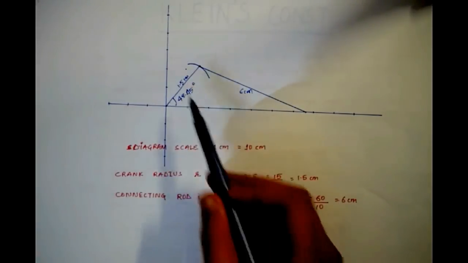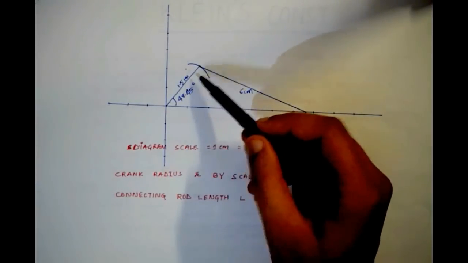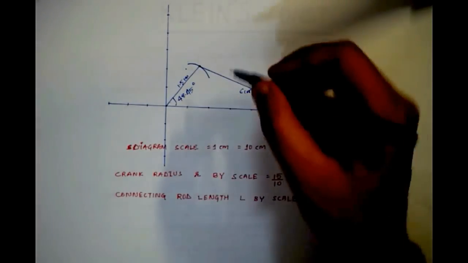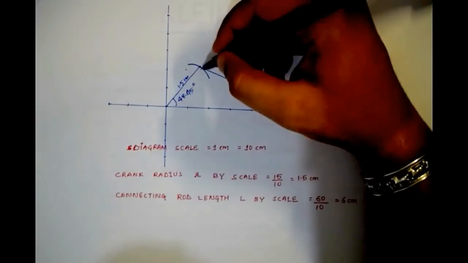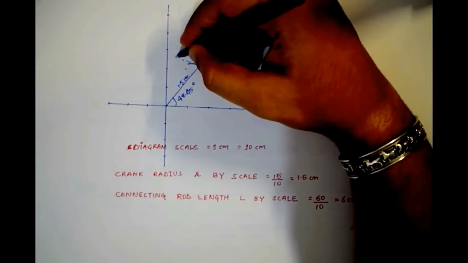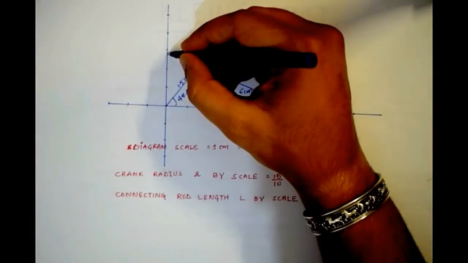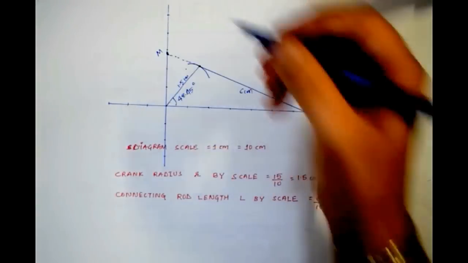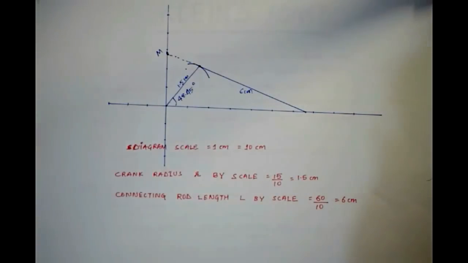So I took this 1.5 cm and 6 cm is the connecting rod. Now what we'll do next, we will extend this connecting rod length here. This will cut this axis at, suppose, point M. Now how to do the plane construction?